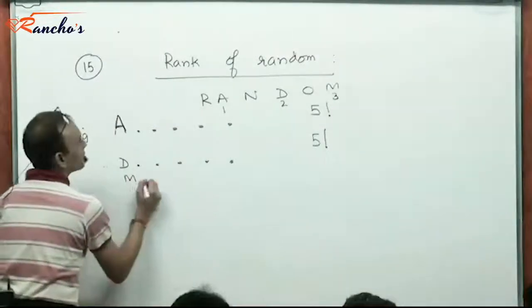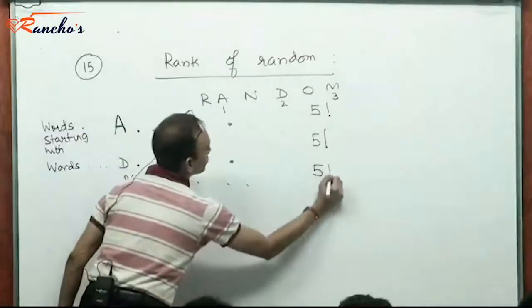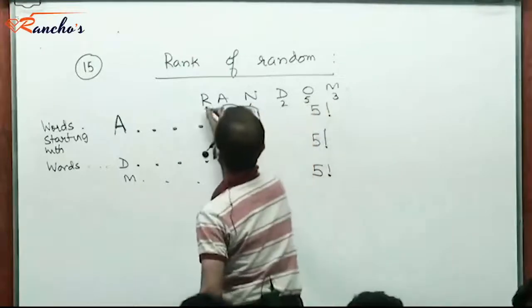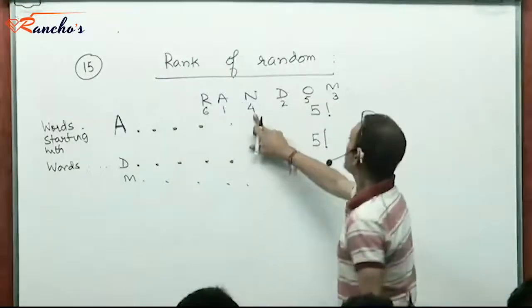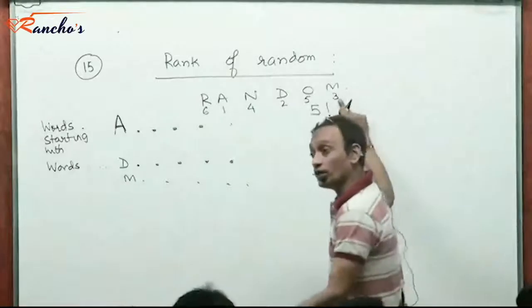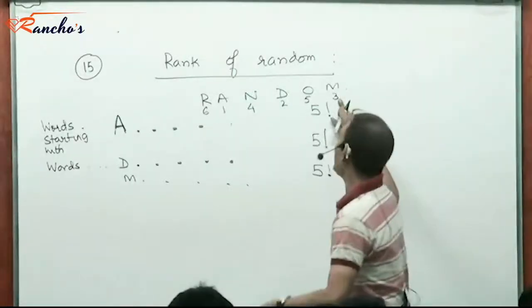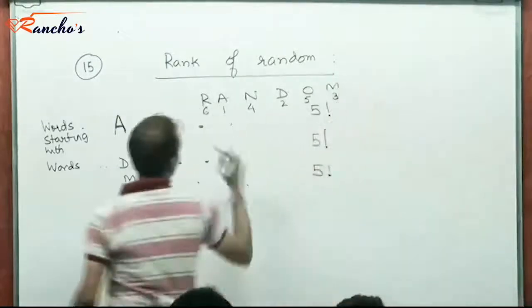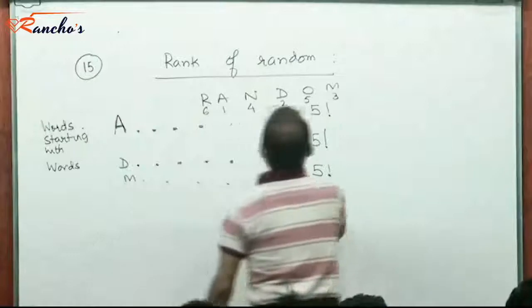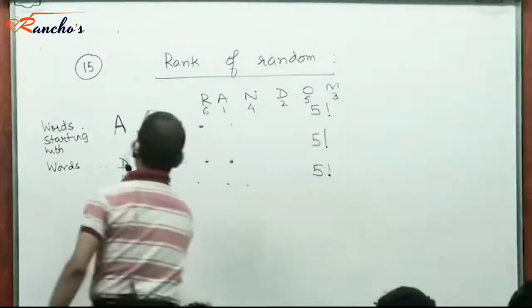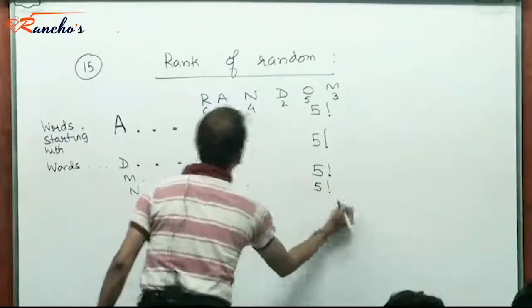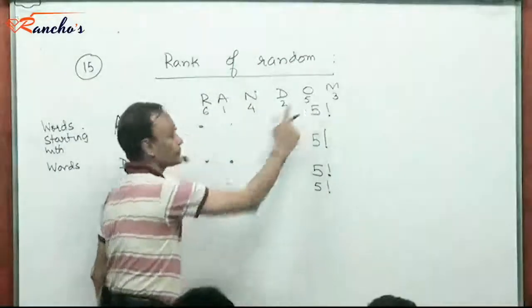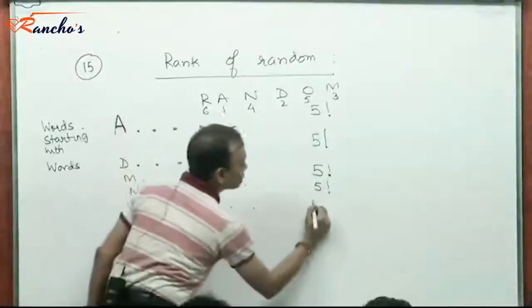So starting with M, again 5 factorial, and then N, and then O, and then R, right? Starting with M then, 5 factorial, isn't it? Words starting with M would be, put M in the first place, and the remaining 5 in 5 factorial ways, 5 factorial. Then after M, N, words starting with N, in 5 factorial ways. Then O, words starting with O, in 5 factorial ways.